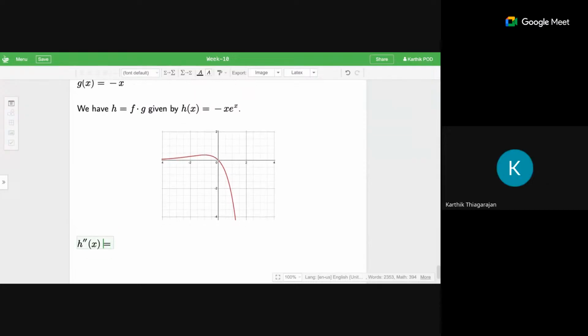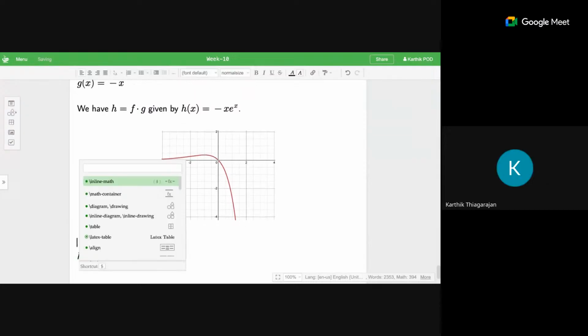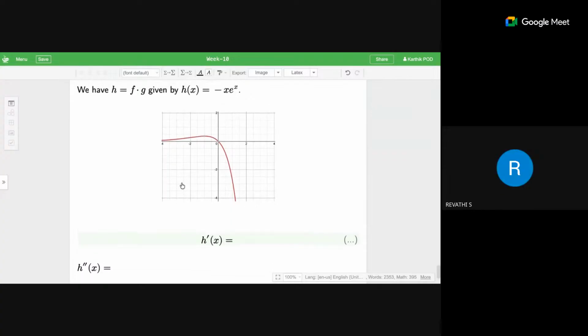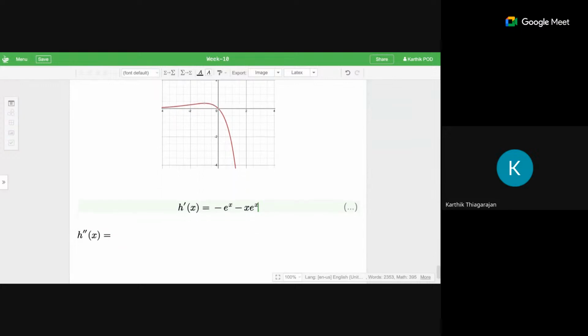Yeah, so let's first take the first derivative. Now h prime of x is what? Minus e power x minus x e power x. So which means h double prime is, what do we get?